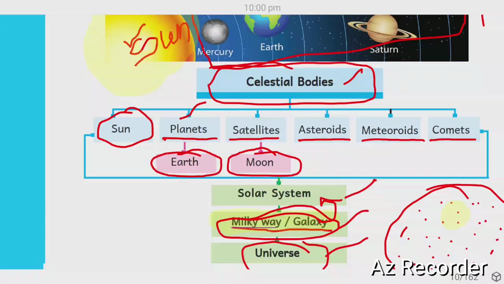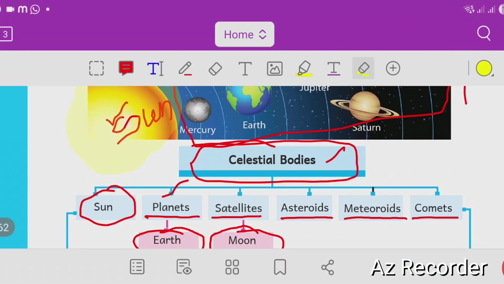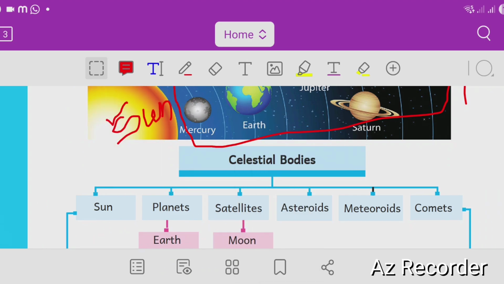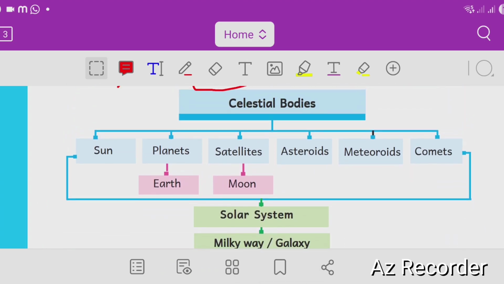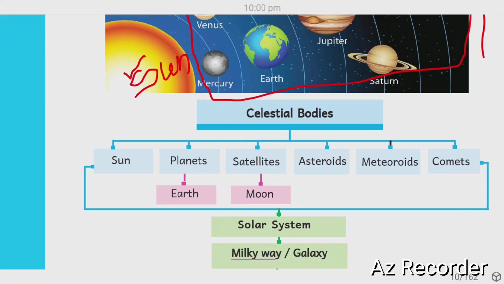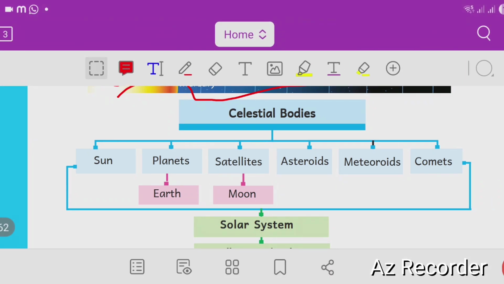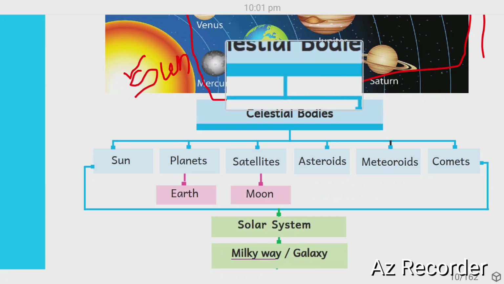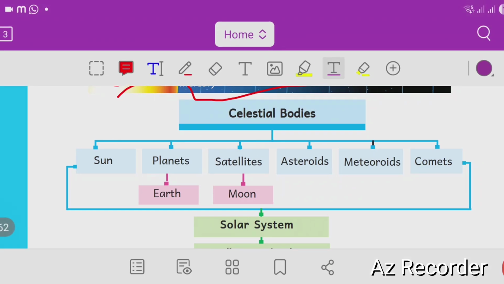The mind map of this lesson is about celestial bodies. So in this lesson we are going to discuss celestial bodies. What are celestial bodies?